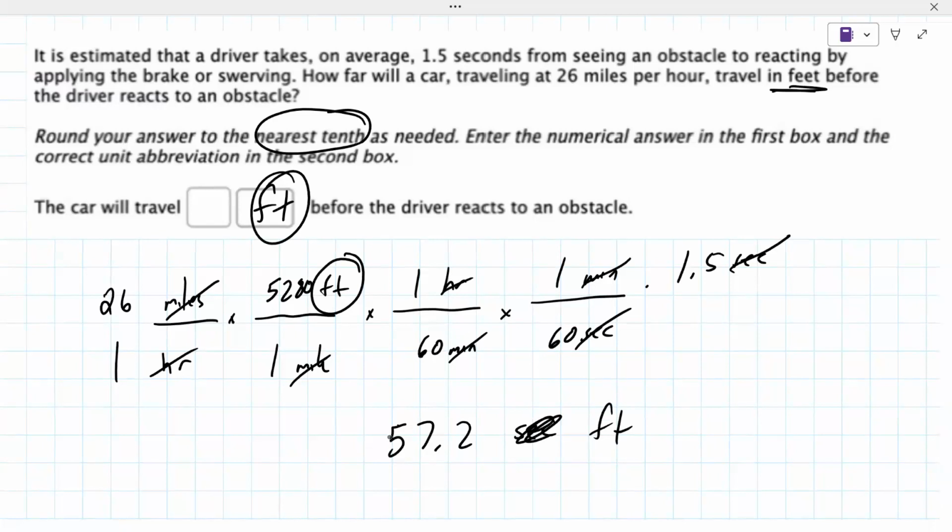Now I'm going to pull up my chemistry, that one problem that I have. Sure.